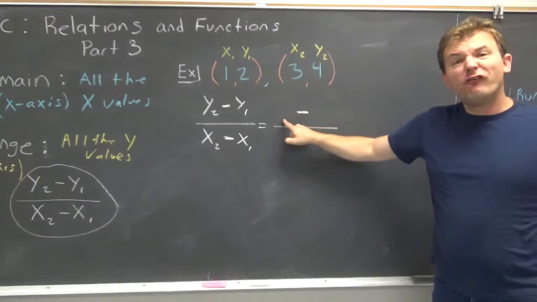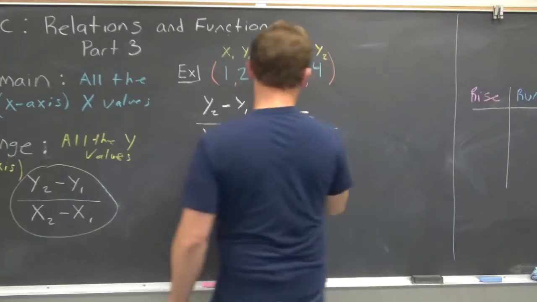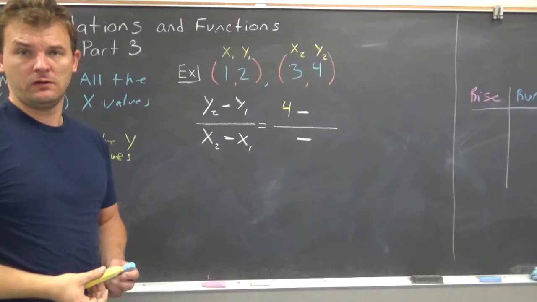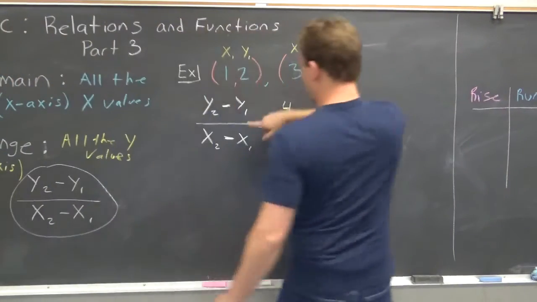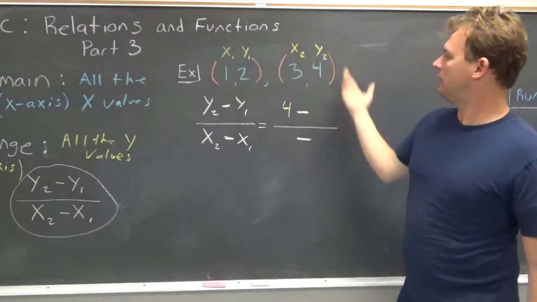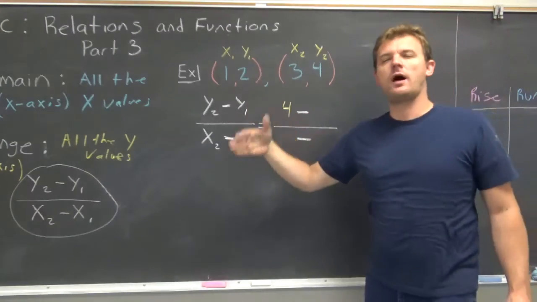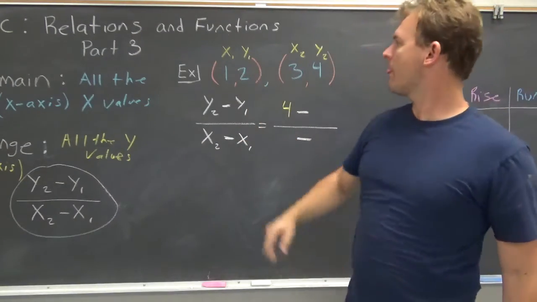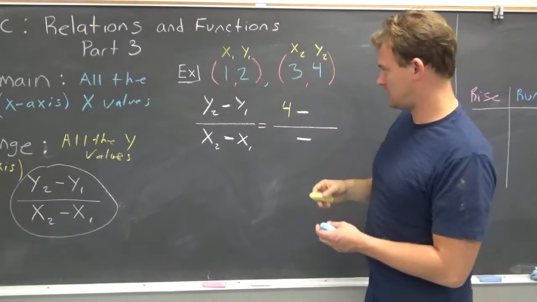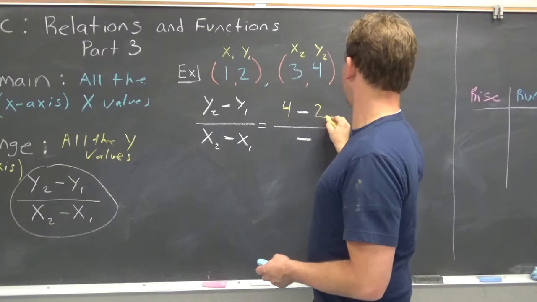So you're going to put 4 there. Now, go back over here. Where's y1 at? Or maybe y sub 1. Isn't it right here? Y sub 1, that's that one. So put 2.